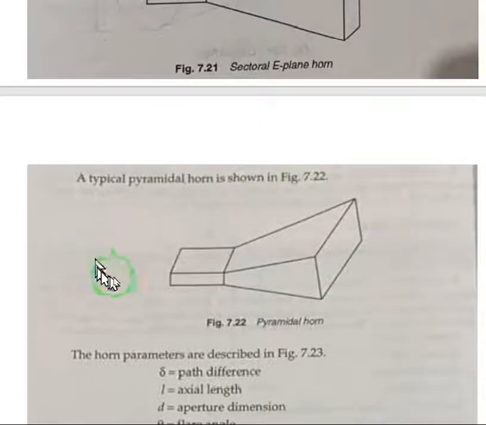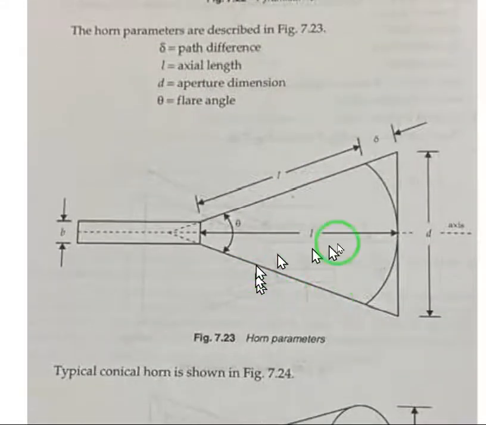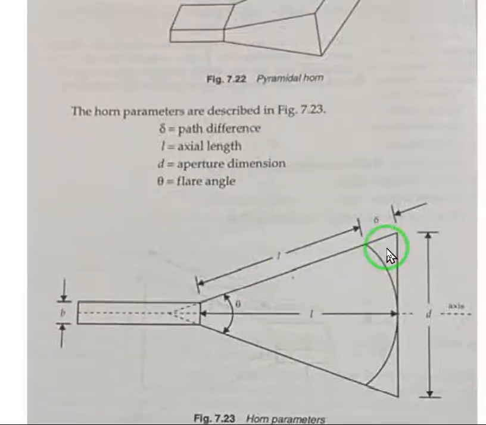And this shape is known as the pyramidal horn, which is flat but has some specific height. And this cone type horn is known as the conical horn.